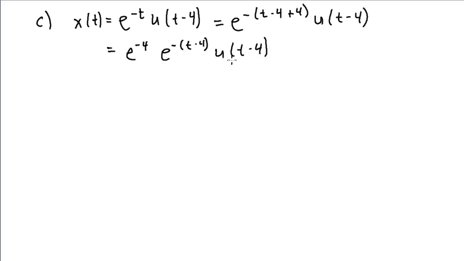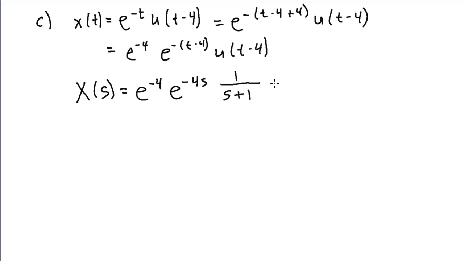Okay, so now this is a time-shifted function. X of t is just e to the minus 4 times this time-shifted function. We already found the Laplace transform of the time-shifted function. It was in part A. So the Laplace transform then would just be e to the minus 4 times the Laplace transform that we found in part A. It's e to the minus 4s times 1 over s plus 1.